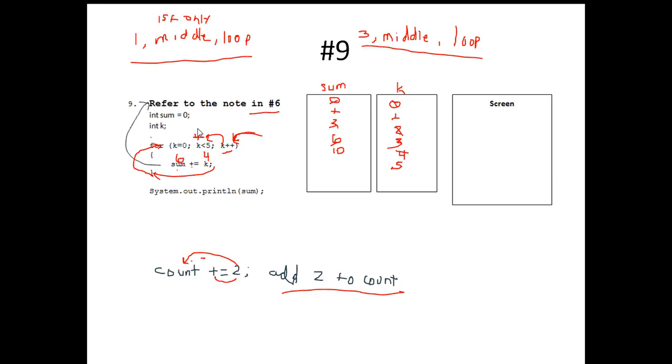The question is, is k less than 5? k is now 5, so 5 less than 5 is false. So now we can kick out of the loop. And the loop, of course, ends right here. The next statement after the loop is a print statement to print whatever sum is. The value of sum is currently, according to the memory location, 10. So that's it. We are done.